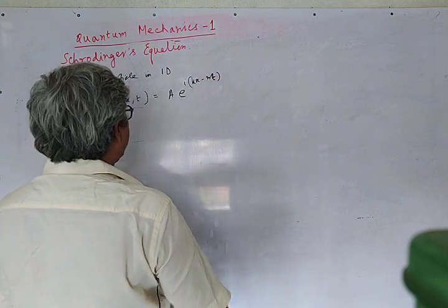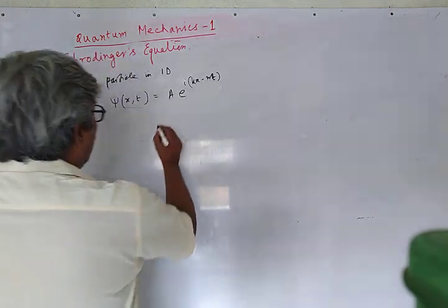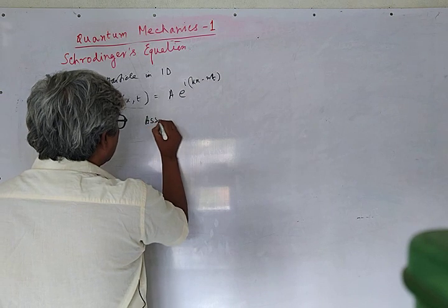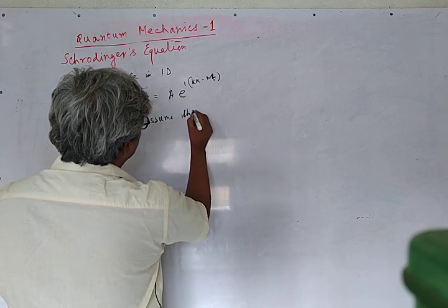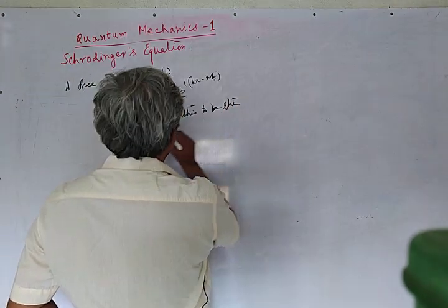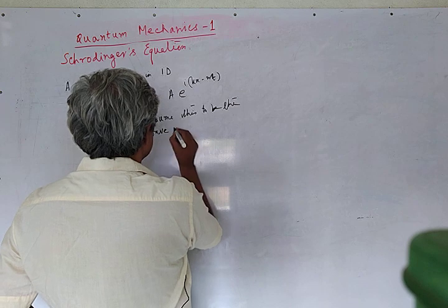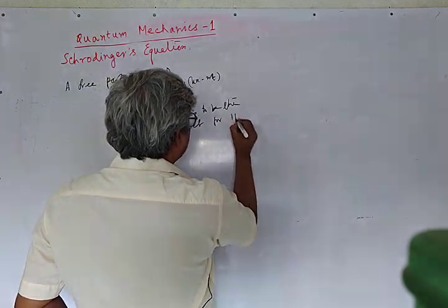So to start with, we assume this to be the wave packet for the 1D free particle.